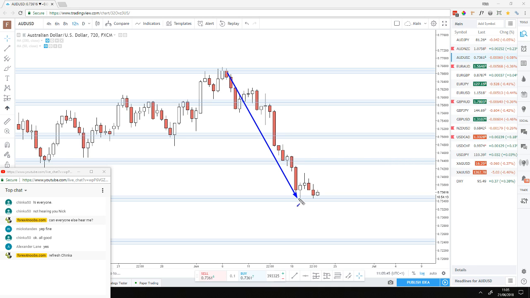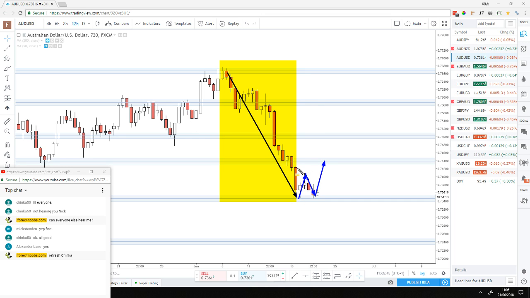Now, the second point is it's already attempted to move away from this support area and failed. So is this second attempt going to be more successful? We've got two factors here that go against taking this trade. We've got a big, strong bearish trend, which on its own would make me think, maybe this is slightly riskier, but I'm still willing to take it.